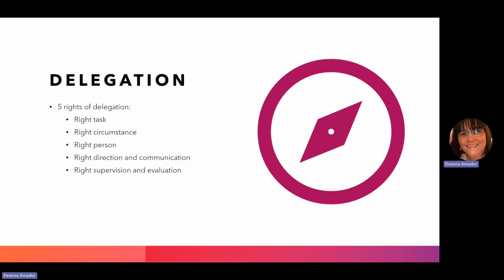A quick slide on unlicensed assistive personnel. Like I said earlier, an example of this would be a CNA. It's important to know that with these members of the healthcare team, we utilize delegation. This slide talks about the 5 rights of delegation: right task, right circumstance, right person, right direction and communication, and right supervision and evaluation.